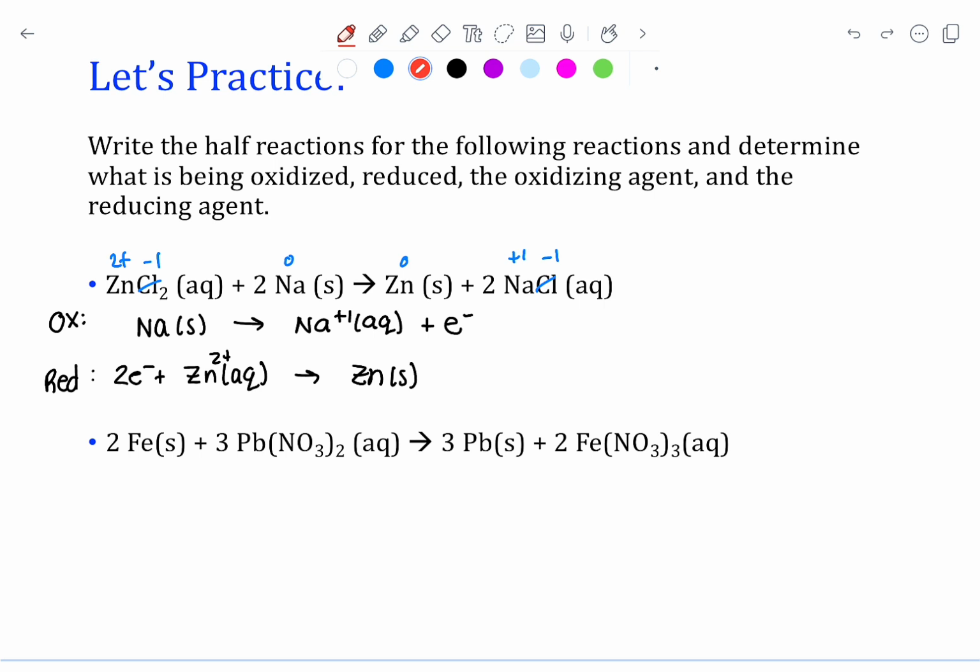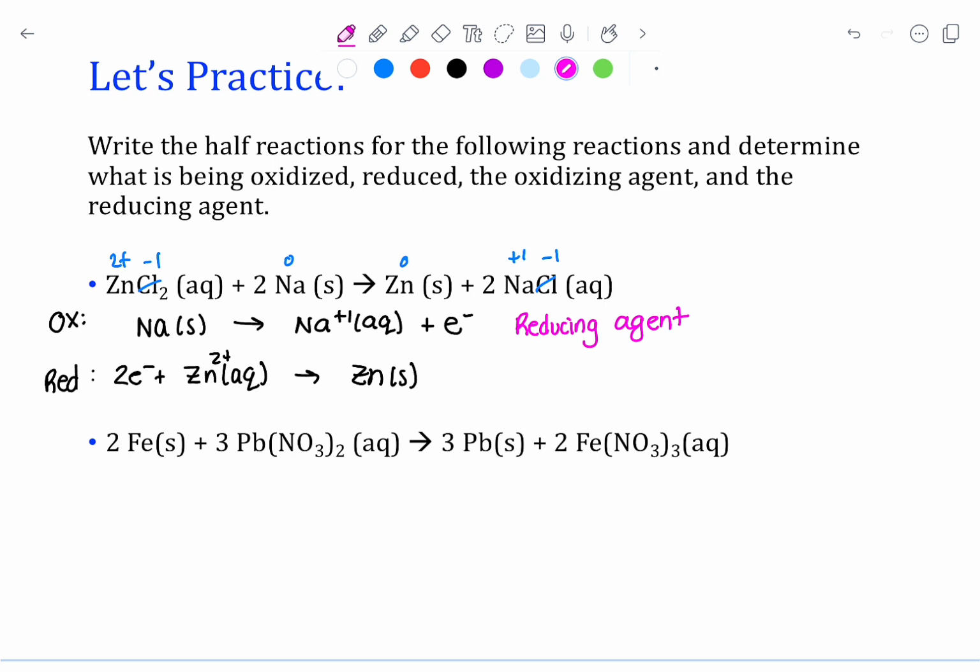Okay, so sodium is being oxidized and zinc is being reduced, meaning that sodium is our reducing agent. Whatever is being oxidized is allowing the reduction to happen and is therefore the reducing agent.